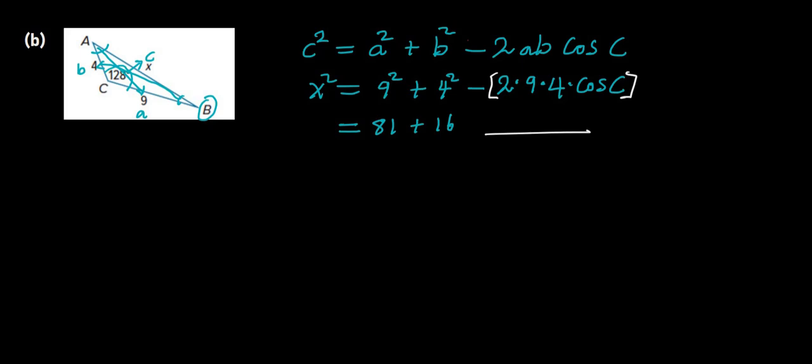Just before we use the calculator, let's plug in the value of the uppercase C, which is the given angle. So this will be 2 times 9 times 4 times cos of the given angle, which is 128 degrees.